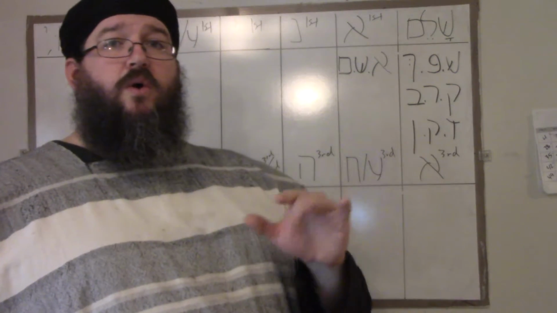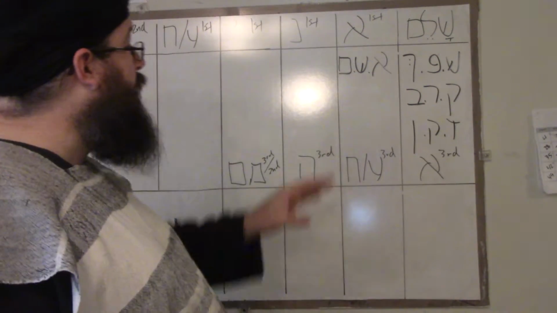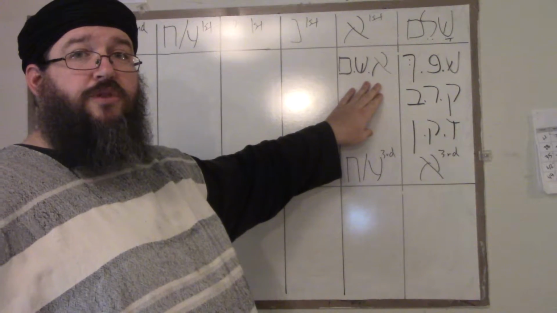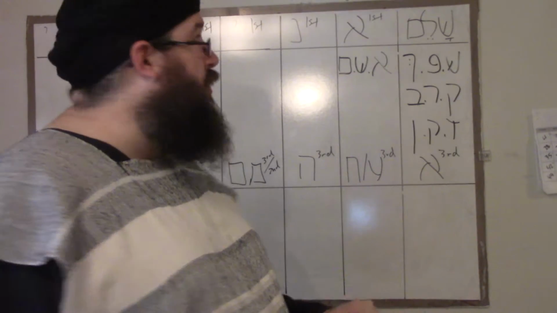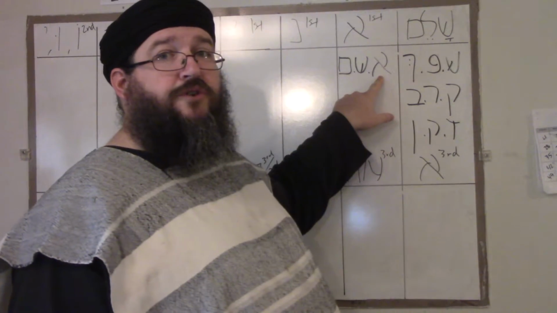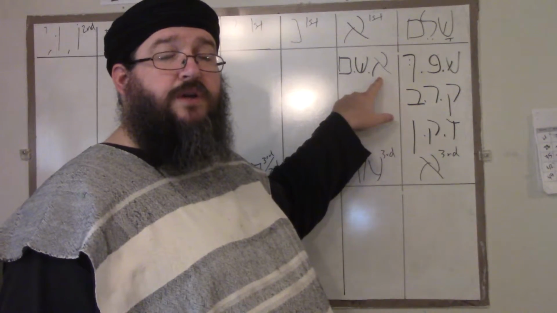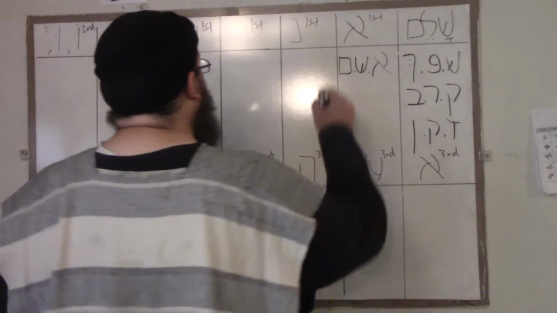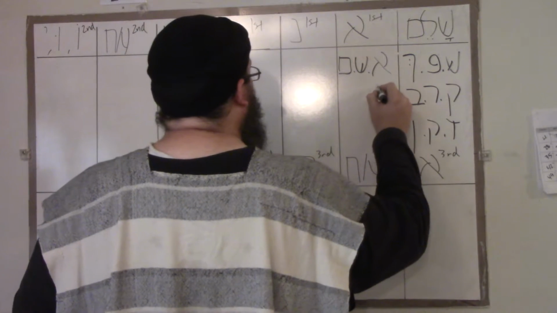Once I know which one I'm utilizing, I will look for the specific chart for that root. Because the Aleph is at the front of the root, I'm going to be using the Aleph chart. Let's look at another one.